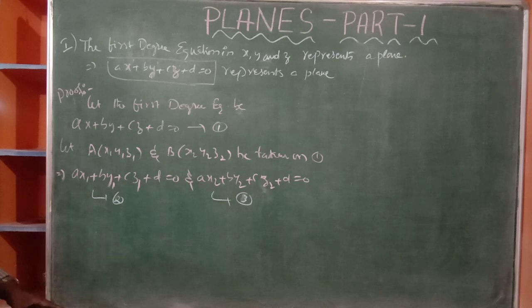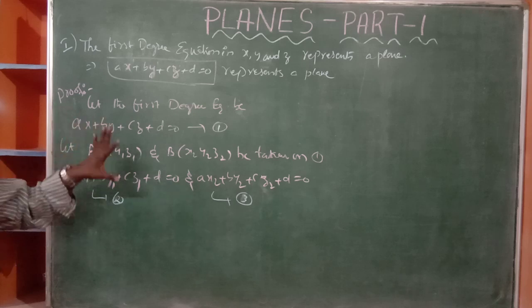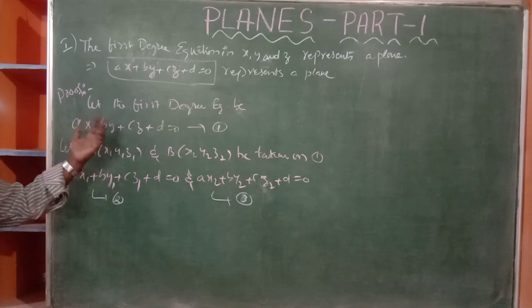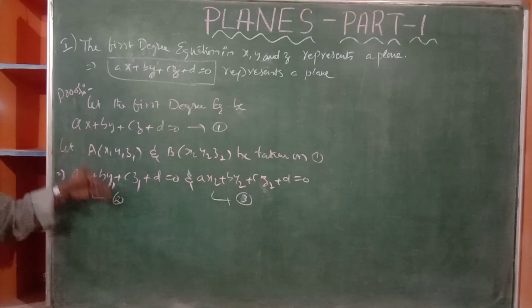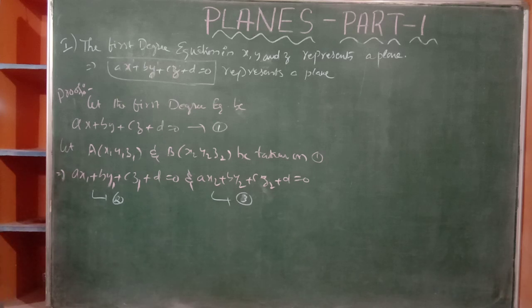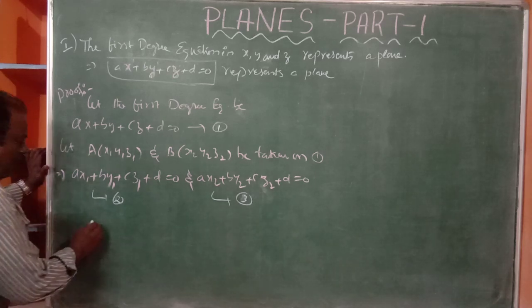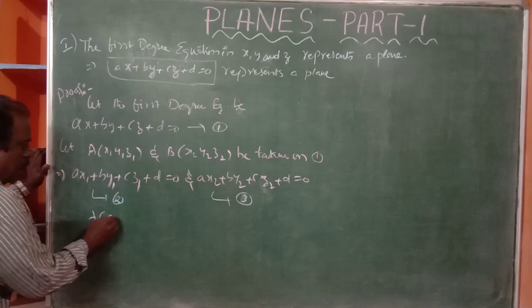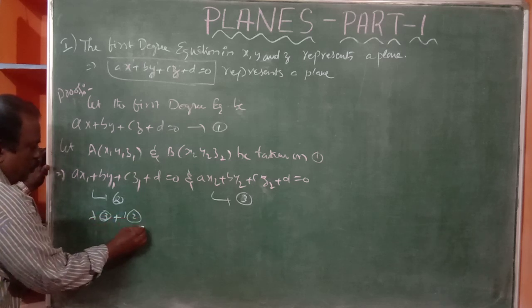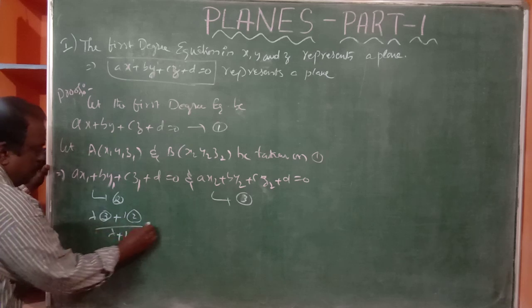Very simple. The first degree equation, let it be equation 1. On that curve, we assume, A and B are 2 points. If the 2 points are on that one, it satisfies, so 2 equations will be obtained, that is 2 and 3. Now we see: lambda into 3 plus 1 into 2, divided by lambda plus 1.